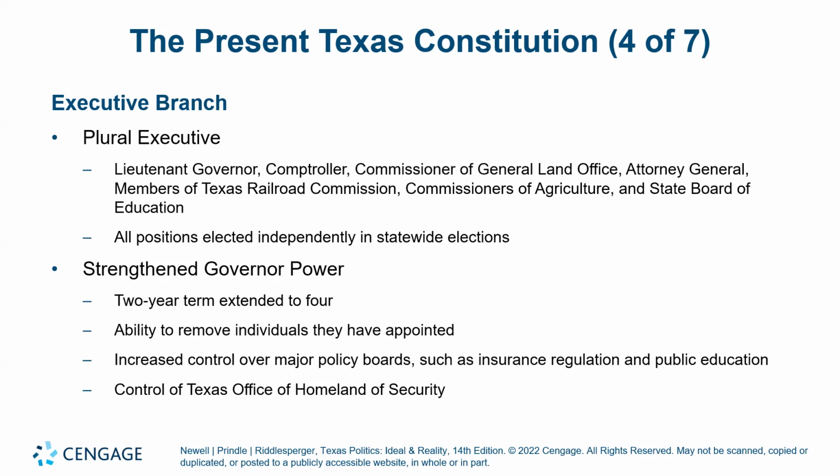Increase control over major policy boards, such as insurance regulation and public education. Like I mentioned, in more recent years, the governor has gotten a lot more power when it comes to appointing boards, not the major boards like the State Board of Education or the Railroad Commission, but lesser boards, I don't want to say lesser, but boards whose job is a little bit more nuanced.